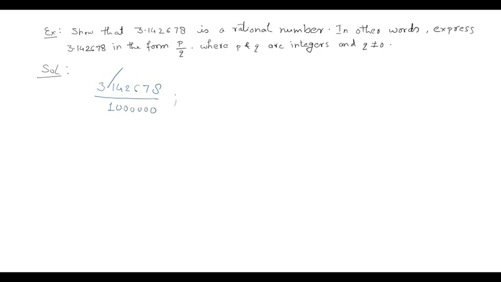On simplification, you can also write it as a fraction, and dividing by 5, we get a ratio of integers. And this is a rational number.